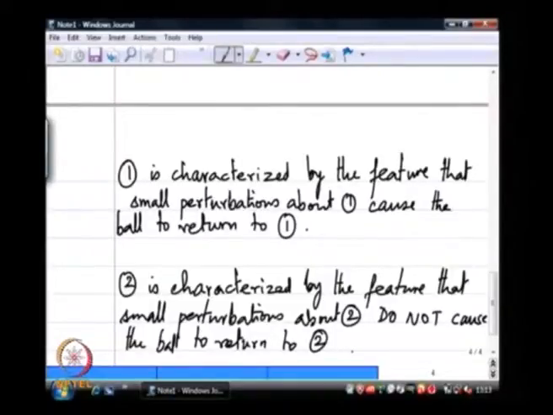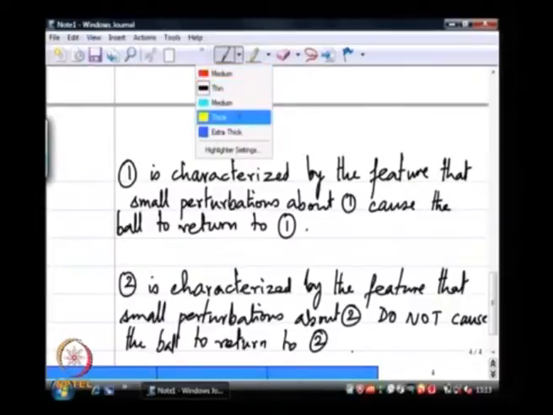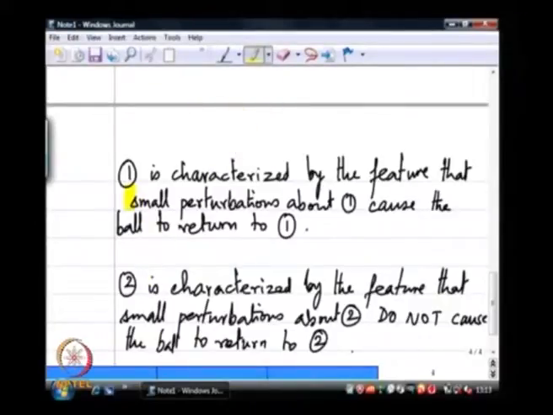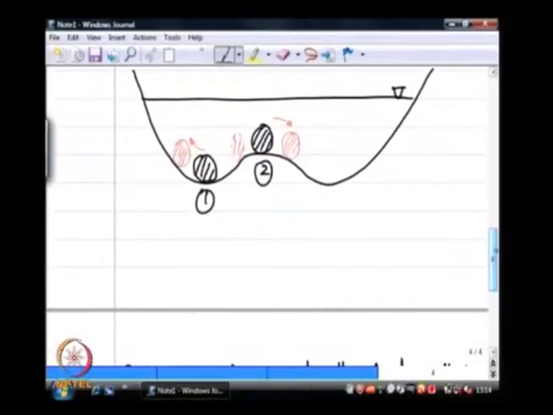Now, it is very important to understand one thing here. These are only true when you are dealing with small perturbations. Think of what I mean by small.